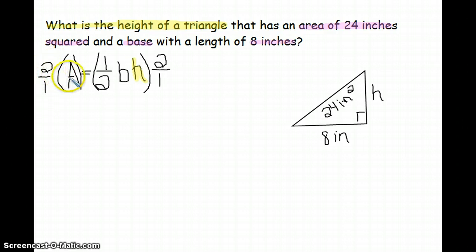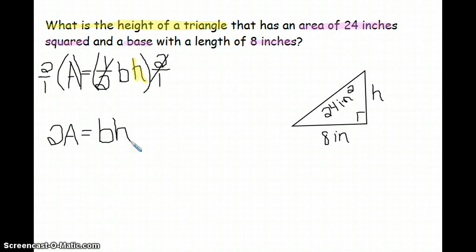So 2 times a is now 2a equals, and then we just talked about how half of 2 is 1. If I'm multiplying by half and then multiplying by its reciprocal, those are inverses of each other, then I'm simply left with BH on the right hand side.